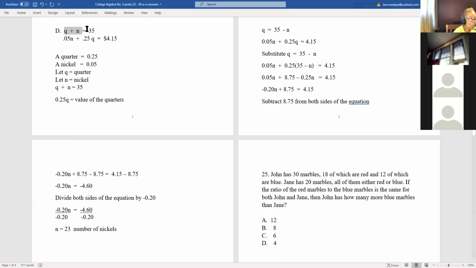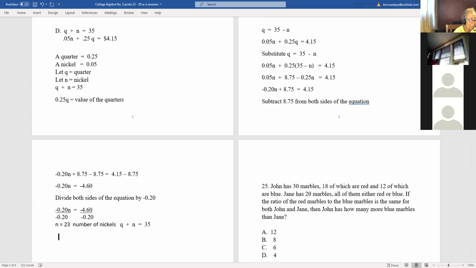So if quarters plus nickels is 35, then what is the number of quarters? No, this is addition, Latoya. Quarters plus nickels is 35. Quarters plus 23 is 35. So quarters will be equal to what? 35 minus n, correct? Subtracting the n from both sides, quarters is 35 minus n.